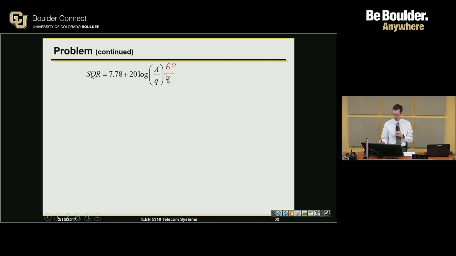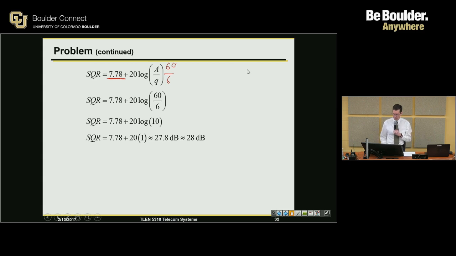And since I'm talking about peak, I'm going to be using the 7.78 number. So I put those values in and solve it, and I get about 28 dB. Now we've got the relationship that the number of levels is twice the amplitude over Q. So I put those numbers in, and I end up with 20 levels.